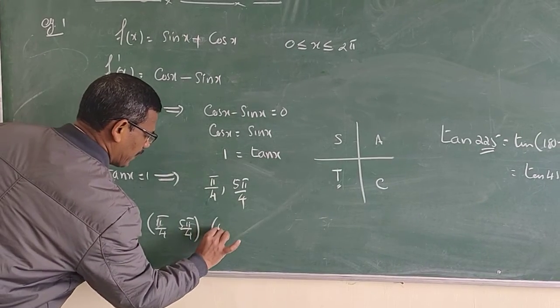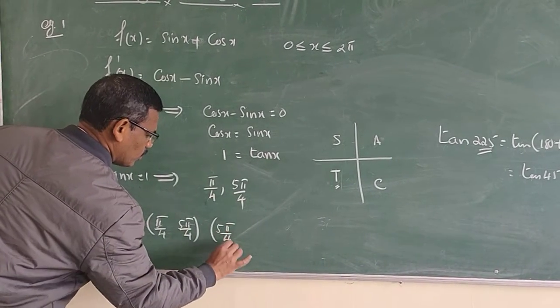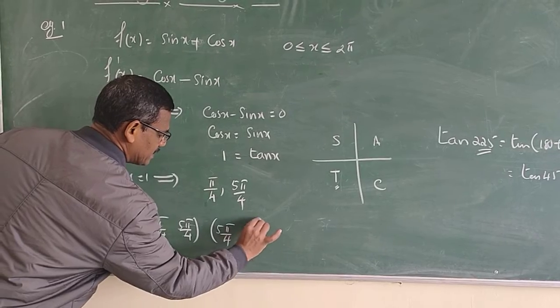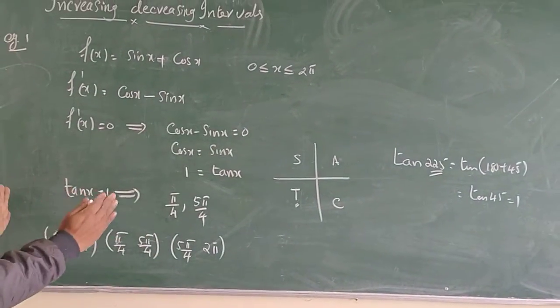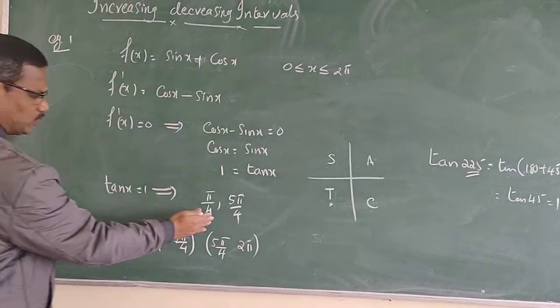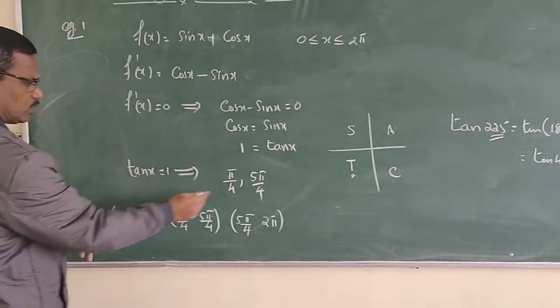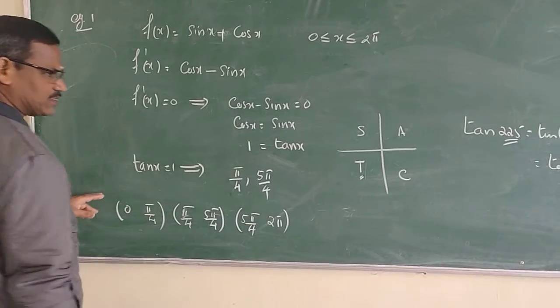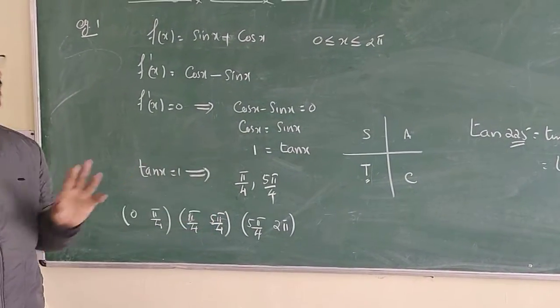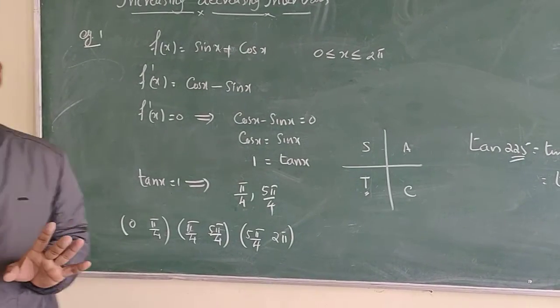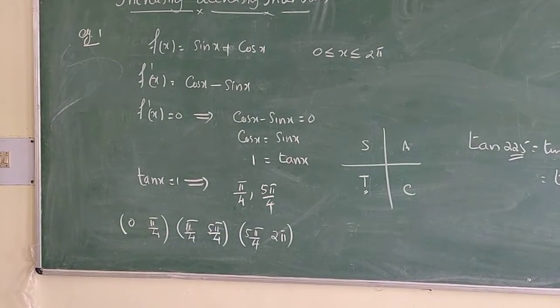Then 5 pi by 4 to 2 pi is another interval. So the given domain we have further divided into sub intervals by using these turning points. There are two turning points, and we got the intervals. Now we have to check which of these intervals are increasing and which are decreasing.